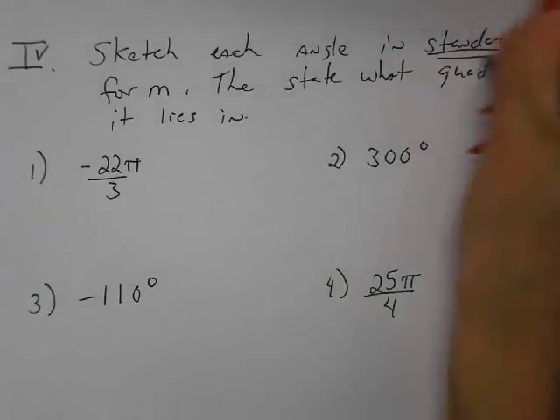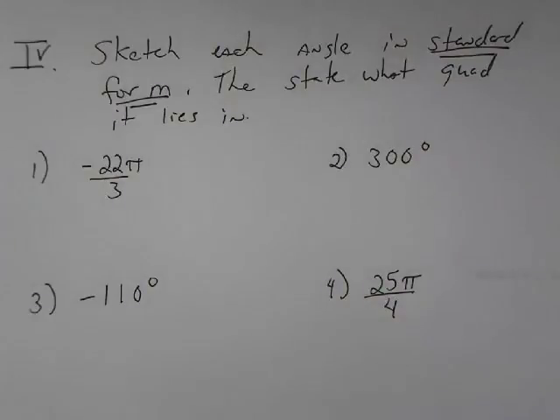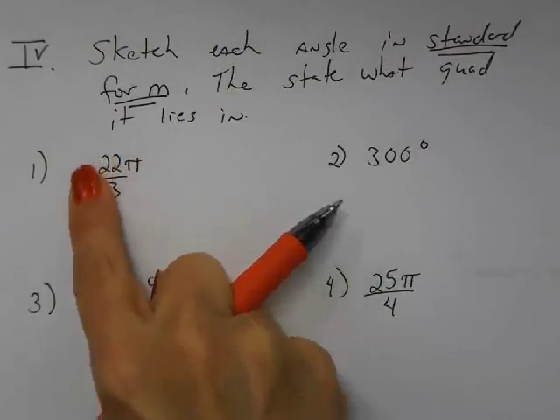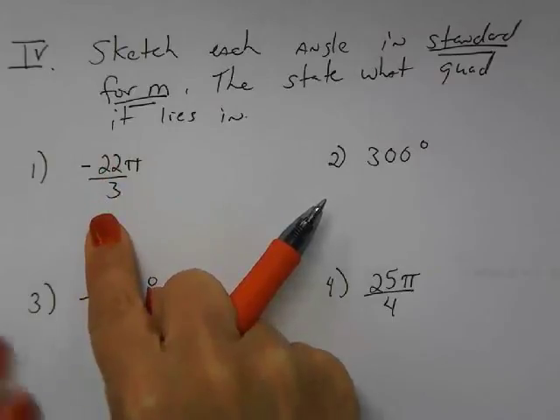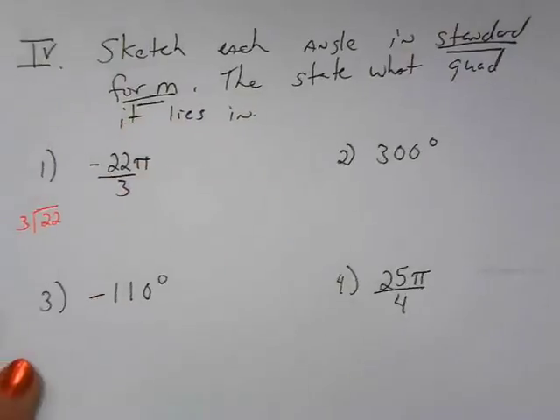So, when it says standard form, that means I want all the little curls. So, for example, what's the first thing that I need to do with this 22/3? Let's go ahead and write him as a mixed number.